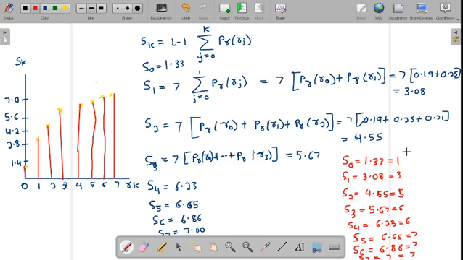How many number of pixels are there with this? 1, 3, 5, 6, 7.